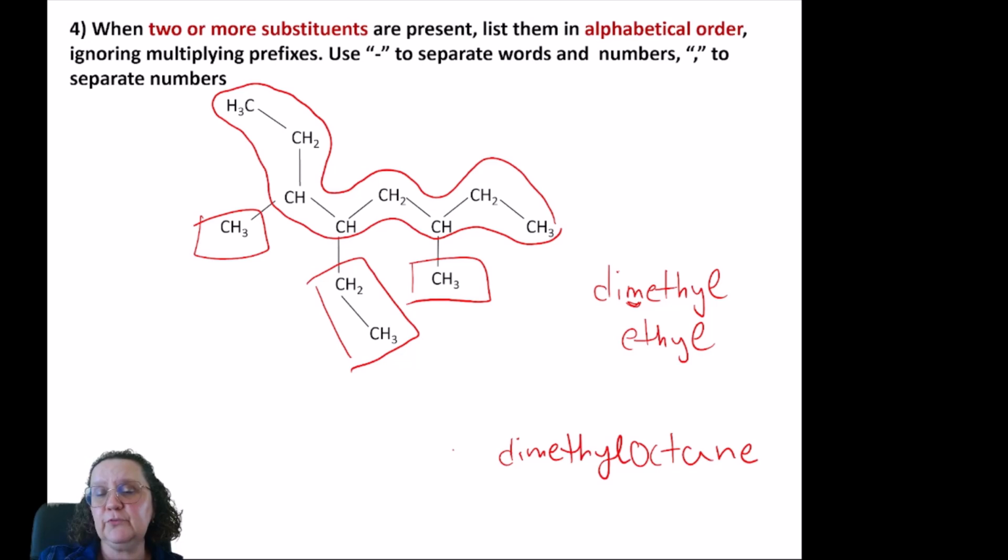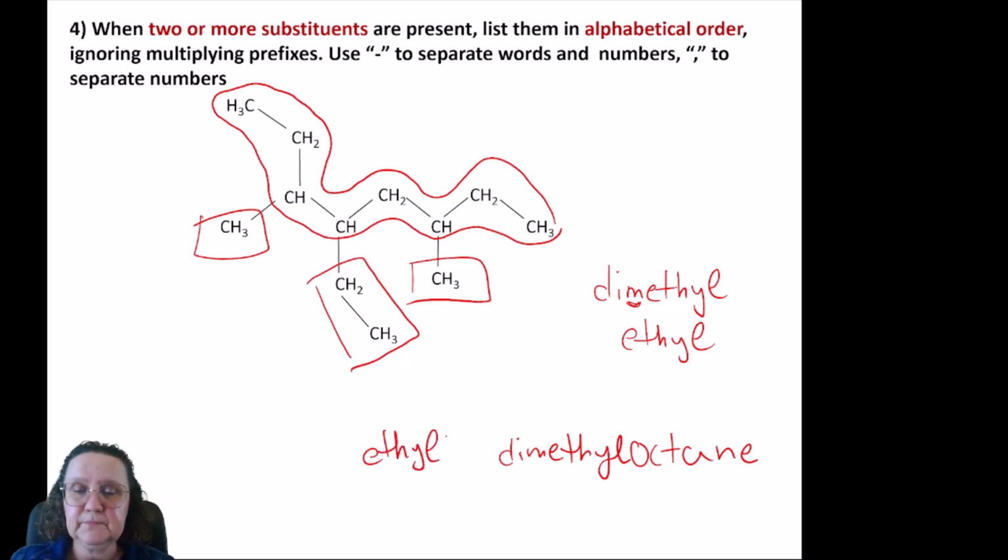I'm going to leave a little space because I need to tell my reader where that methyl is, and I'm going to write here ethyl. Okay, so I've got almost the whole name. I'm telling my reader, this is an octane, so it's an alkane with 8 carbon atoms, with 2 methyl groups and 1 ethyl group.